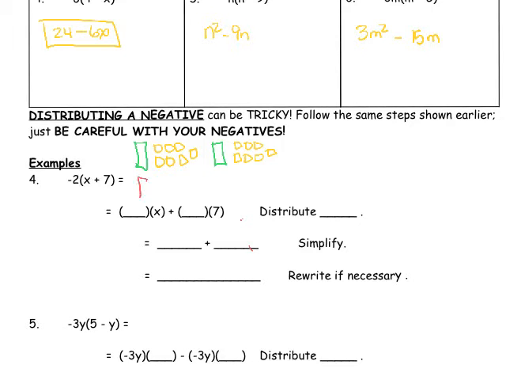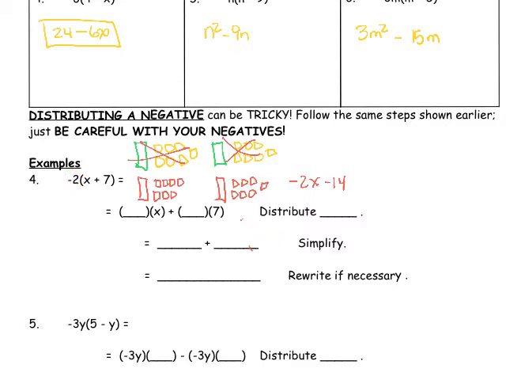So what I really have is that. That gives me negative 2 times x plus 7s. All right? So what do I have combining those terms? I have negative 2x, and I have negative 14.